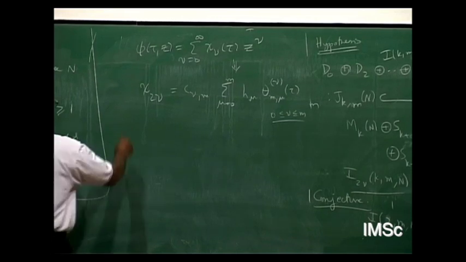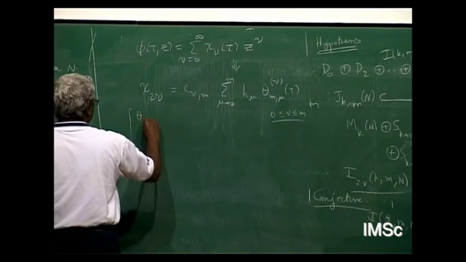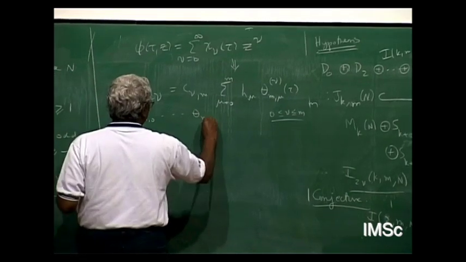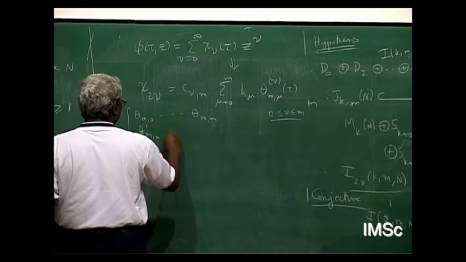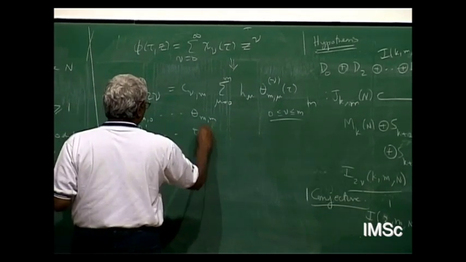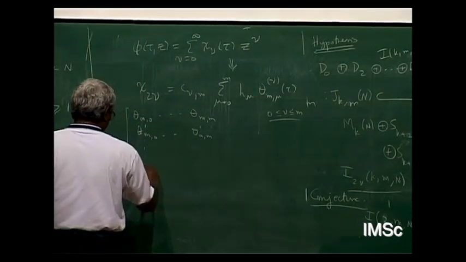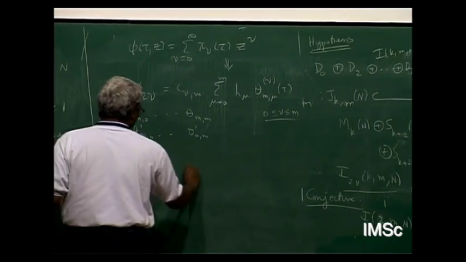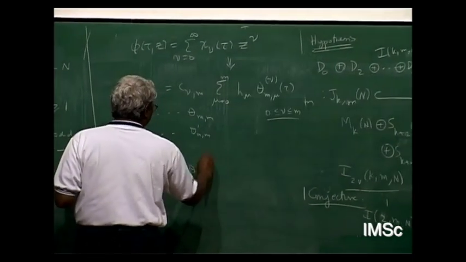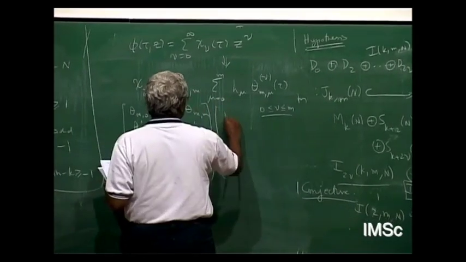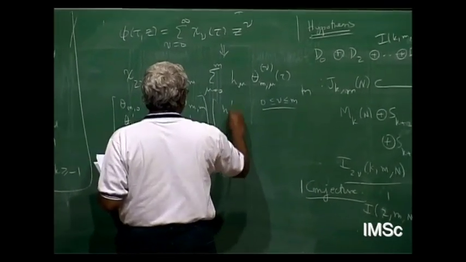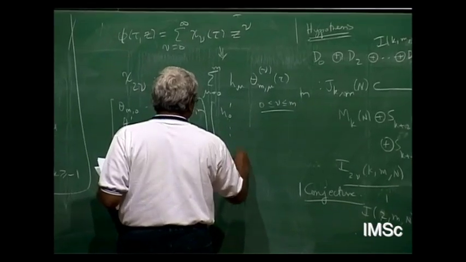You put it in the matrix form: I have theta m0, theta mm, theta m0 derivative, theta mm derivative, up to theta m0 mth derivative, theta mm mth derivative, applied to h m prime.